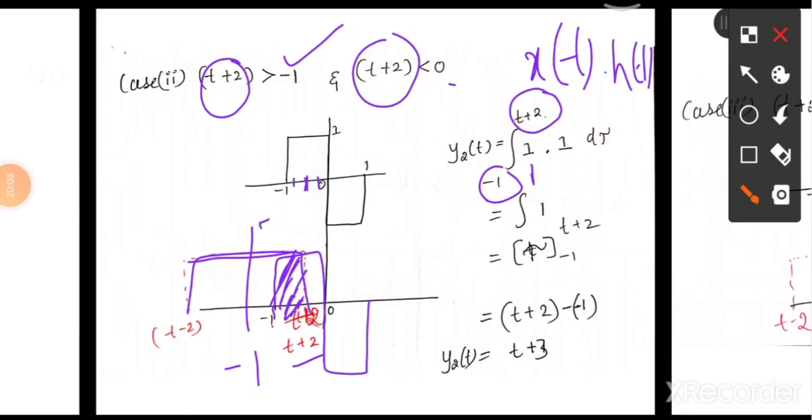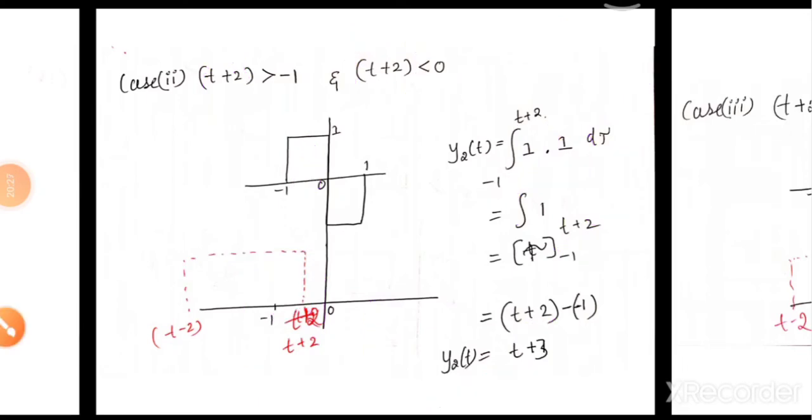It is 1. What is the h of t signal magnitude? It is also plus 1. Then integrate 1. So how do you get it? Substitute the values, upper limit t plus 2 minus lower limit, which is minus 1. If you simplify, you get t plus 3.